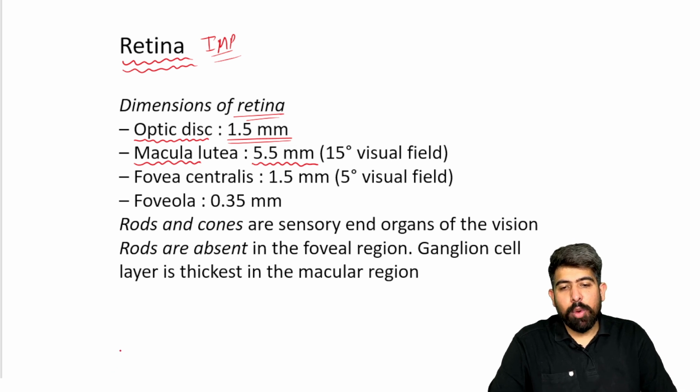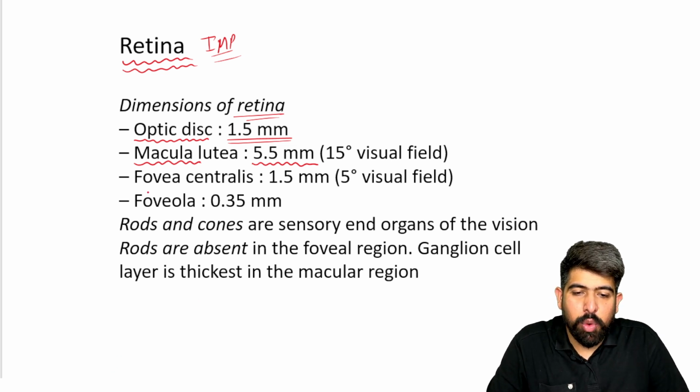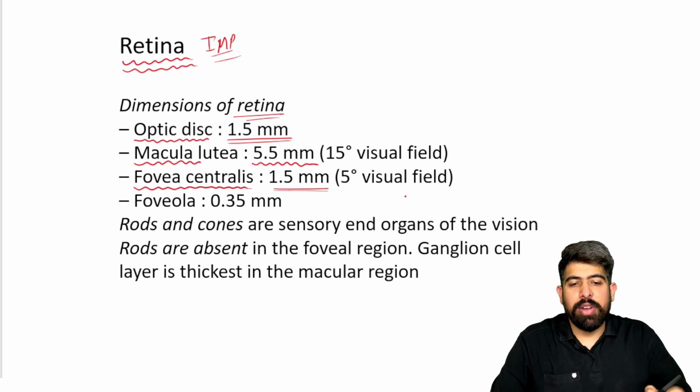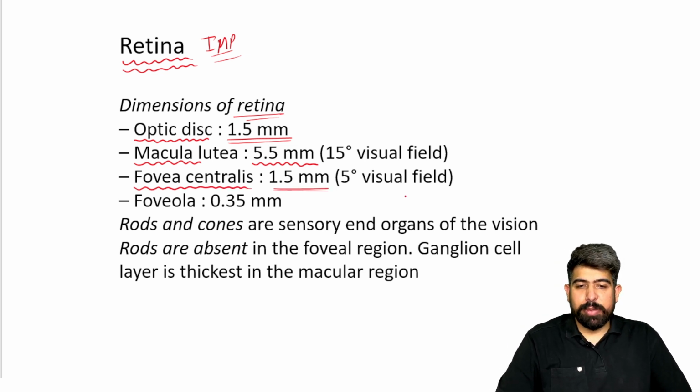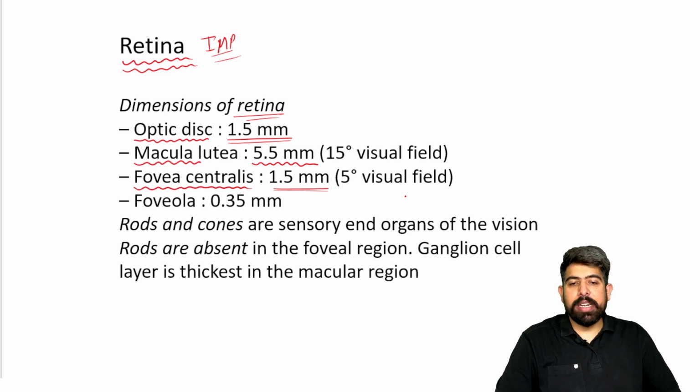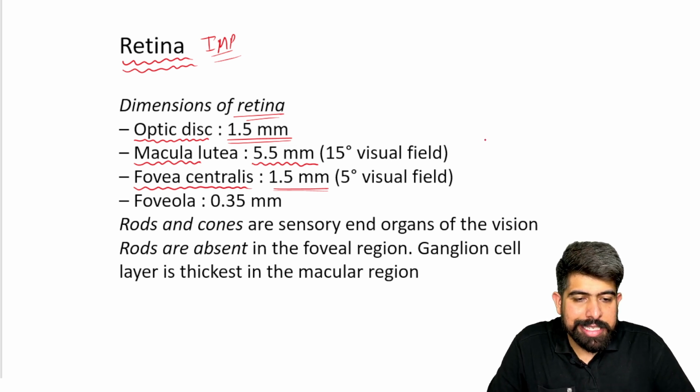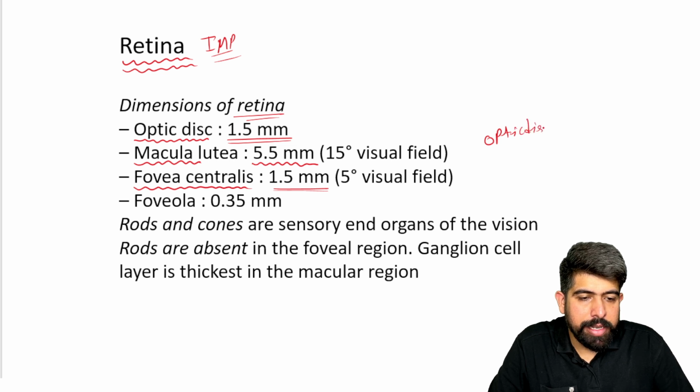We have one more important structure, the fovea centralis, which is again 1.5 mm. The distance between your optic disc and the fovea is 3 mm. Just remember, that's why it is known as double disc diameter.